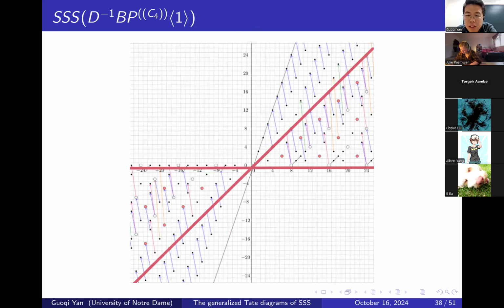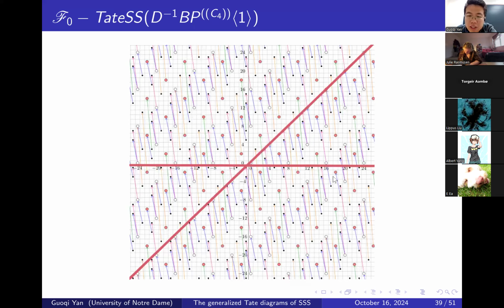Now we can look at a little bit more complicated picture. We look at the region bounded by the diagonal line and the x-axis. The differentials here are more complicated than before, but they are similar in the dual regions. And we compare this diagram with the Tate spectral sequence.